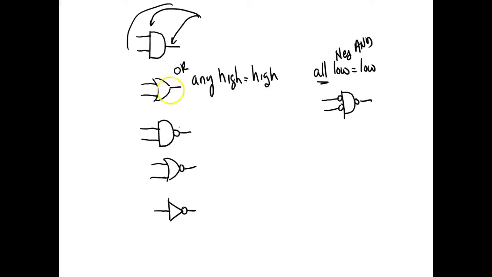Actually, I said all lows equal a low, excuse me. If I do the truth table on this one, A, B, X: is this any high? Okay. Is this any high? Okay. Is this any high? Yeah. Is this any high?